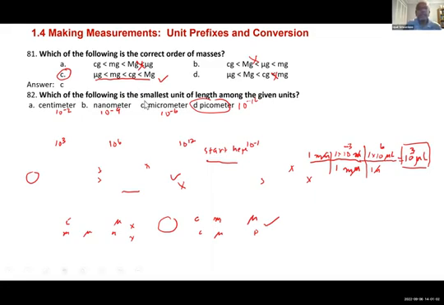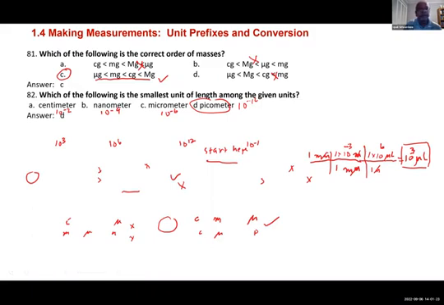The smallest unit of length among the given units is picometer. Pico is the smallest unit. Remember, I wrote down all the exponents. Micro is 10 to the negative 6. Nanometer is 10 to the negative 9. Like that.